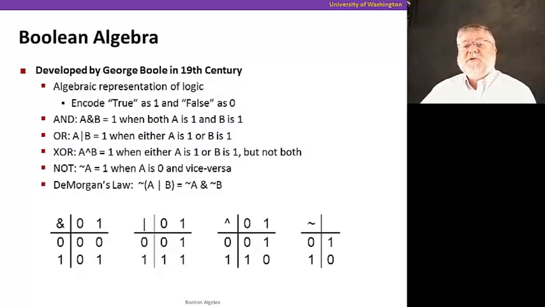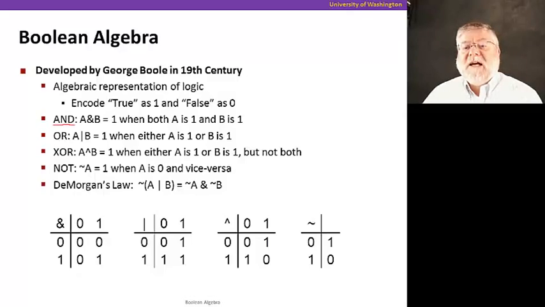Boolean algebra was developed by George Boole, who it's named after, in the 19th century. Basically it's an algebraic representation of logic. We encode true as a 1 and false as a 0. Again, binary number system. And we have a few basic operators.